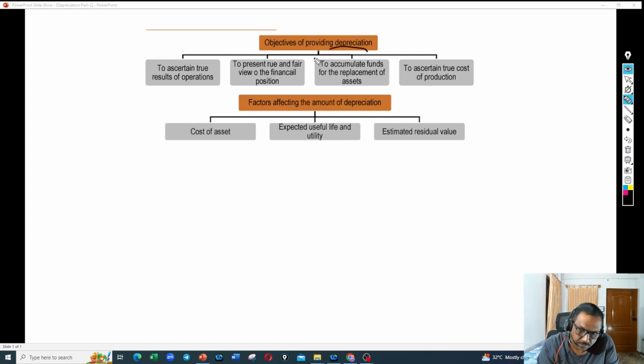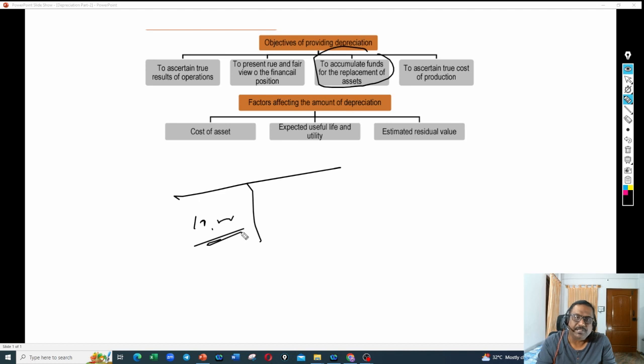Then the third objective, to accumulate funds for the replacement of the asset. If I start debiting 10,000 rupees every accounting year as depreciation in my P&L account, what does it mean? I'm keeping aside 10,000 rupees every year. If I keep aside 10,000 rupees every year, after the 10th year, how much am I accumulating? 10,000 into 10 is going to be 1 lakh.